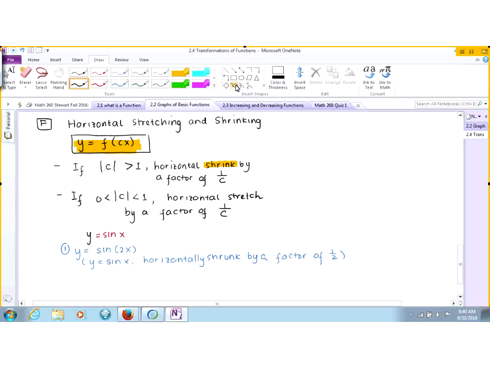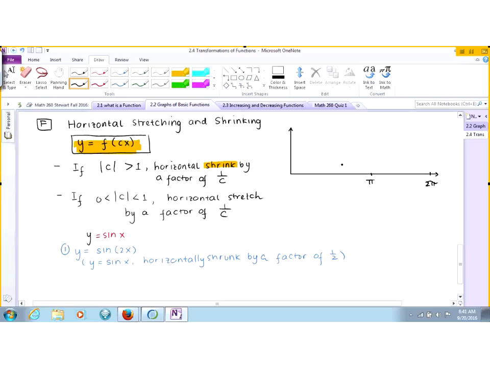Alright? So what do I mean by that? Okay, let me graph this. Here I have to draw probably a little longer. Okay, so this is pi.